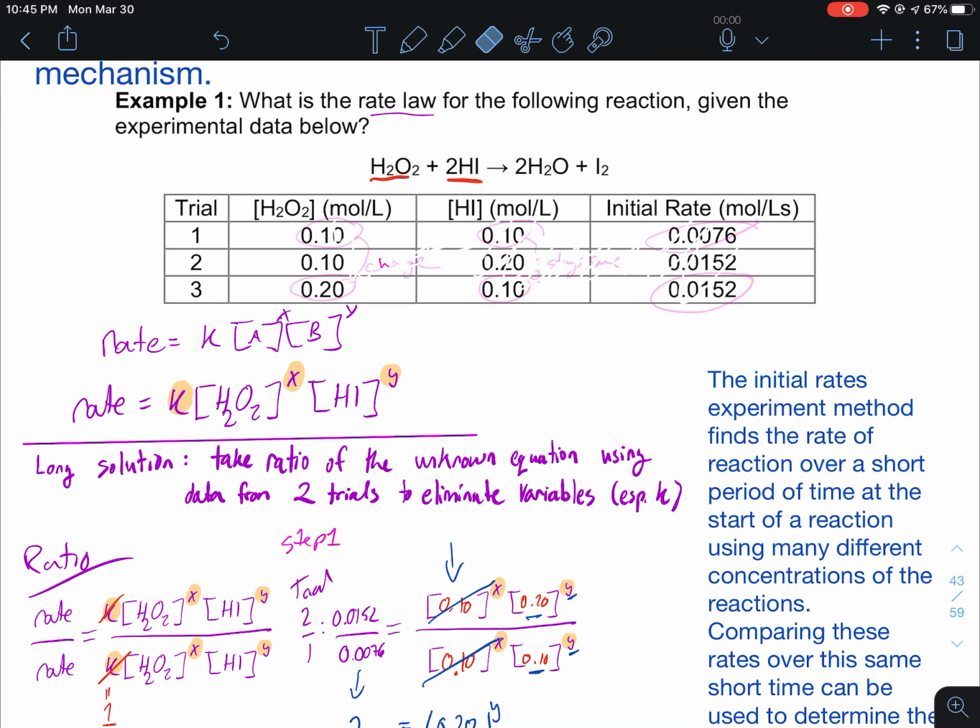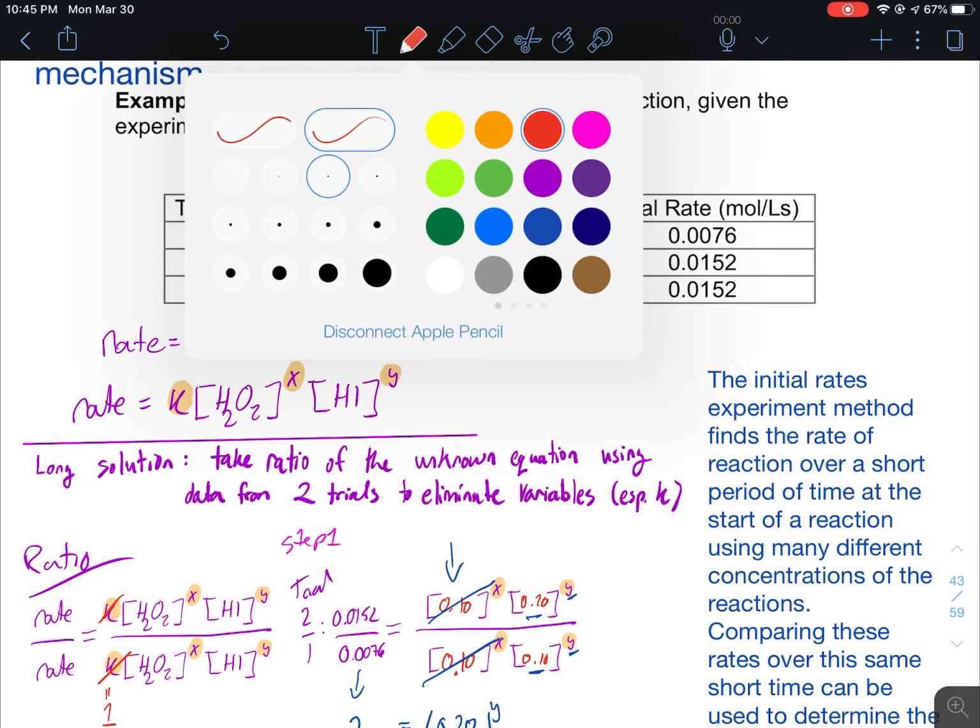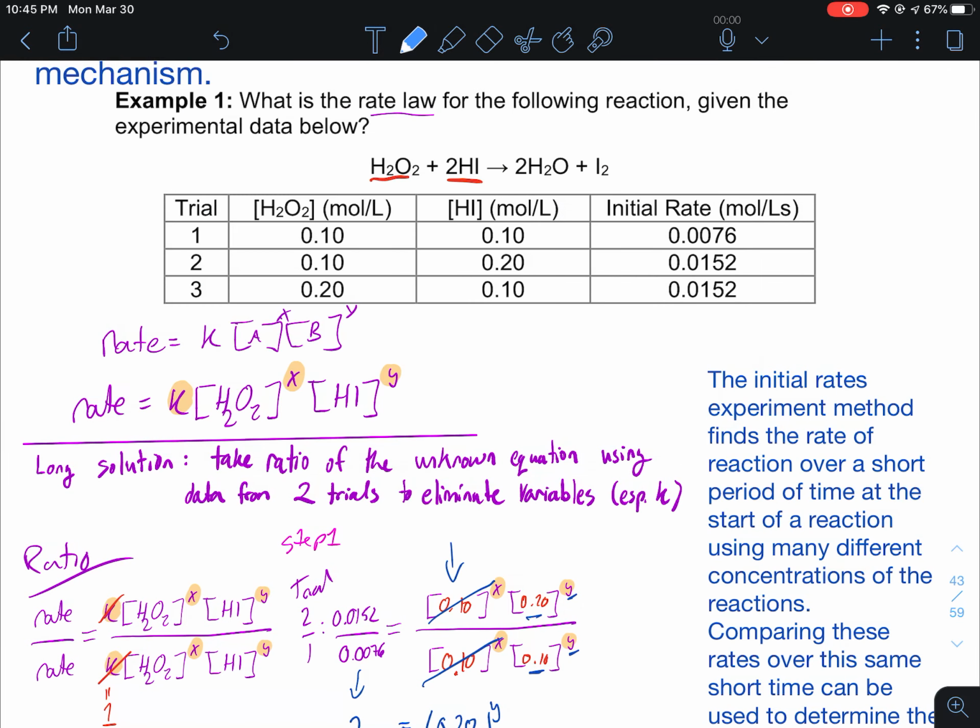Now the fast route of this that I explained in our live stream was if we look at the data table, we can find sets of trials where things stay the same.